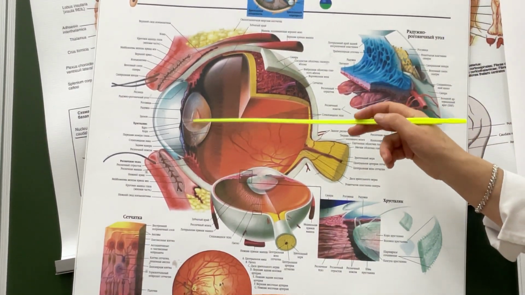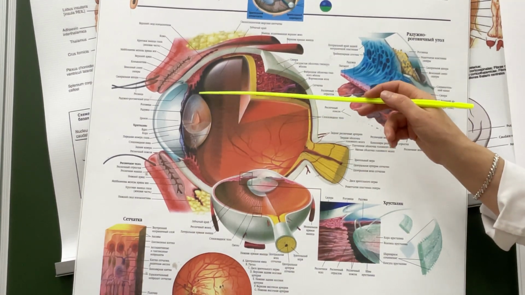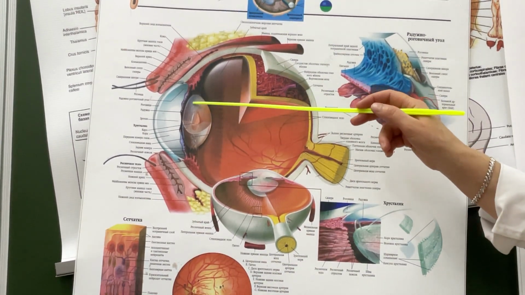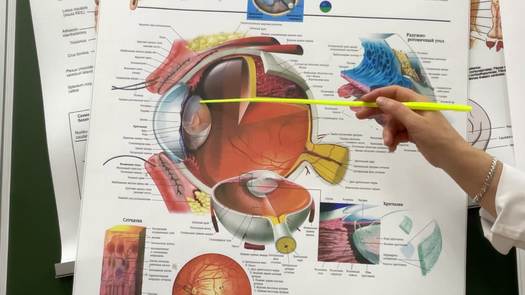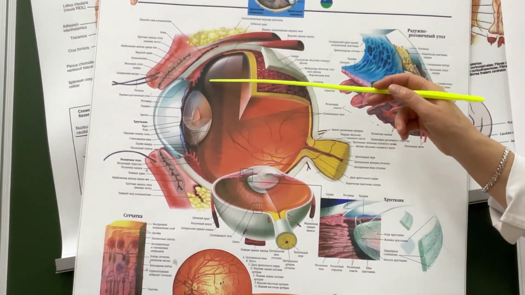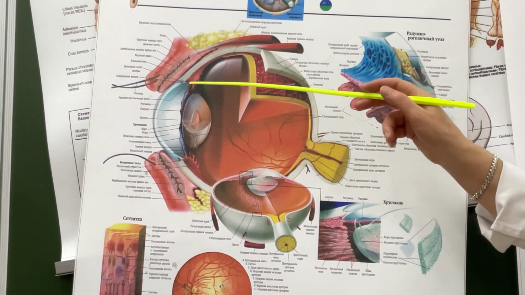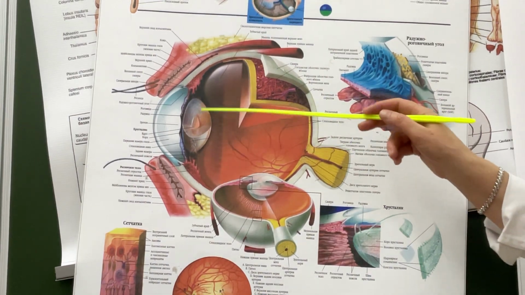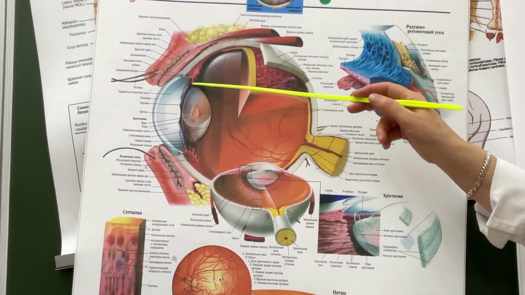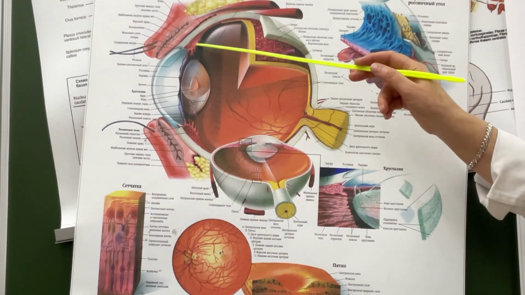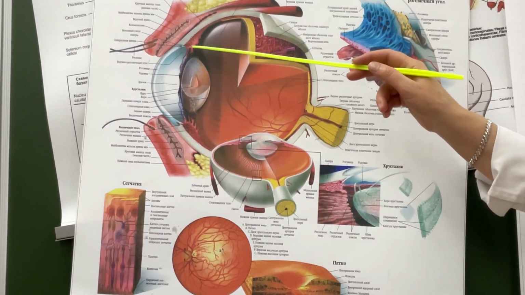As we said, it is surrounded by a connective tissue capsule and suspended by the suspensory ligament of the lens, or zonula ciliaris. This ligament, as we said, is connected to the ciliary processes.